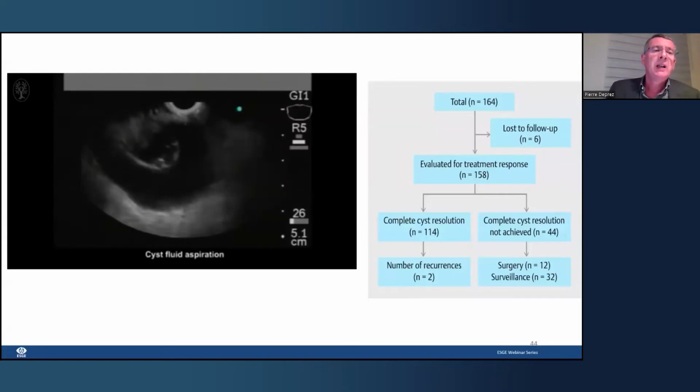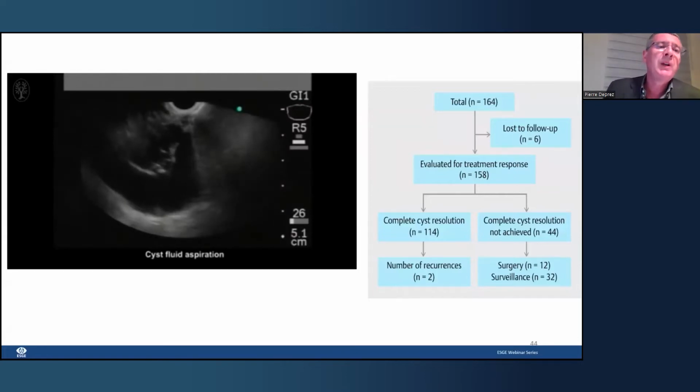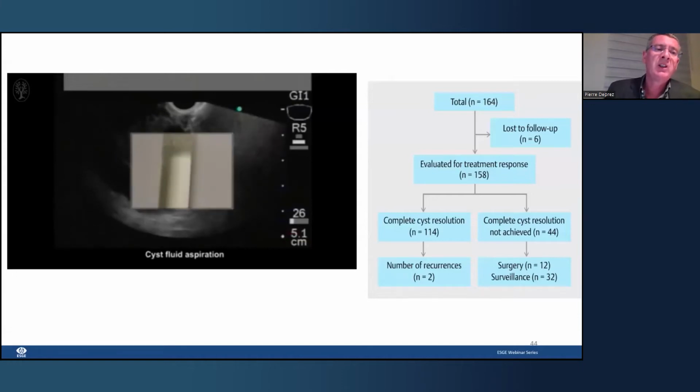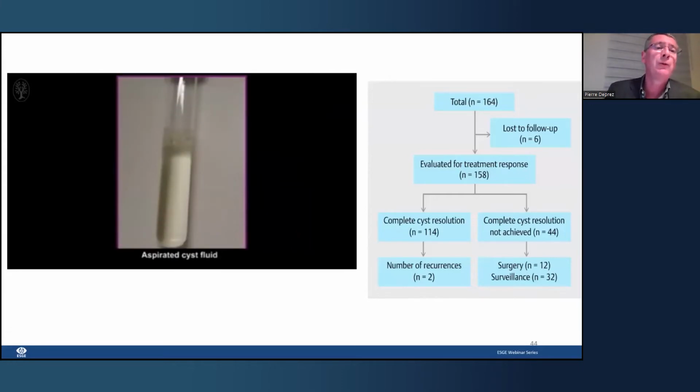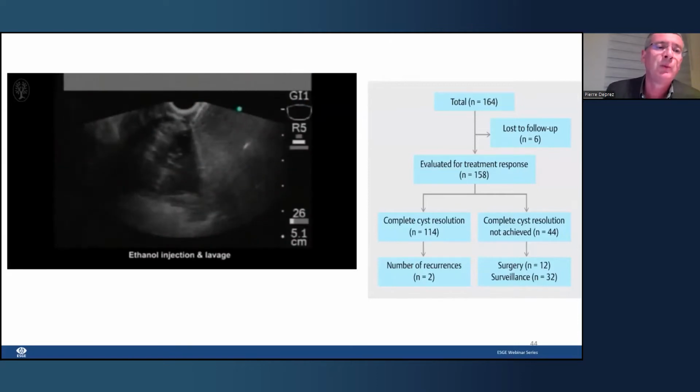You can see here a video from the Korean paper, the same kind of lesion, unilocular with a nodule in the middle, and you see that they insert the needle. And then in case of alcohol or injection of chemo agents, you have to aspirate the fluid to measure the quantity you aspirate and then to replace with alcohol, 99% ethanol with the same volume.